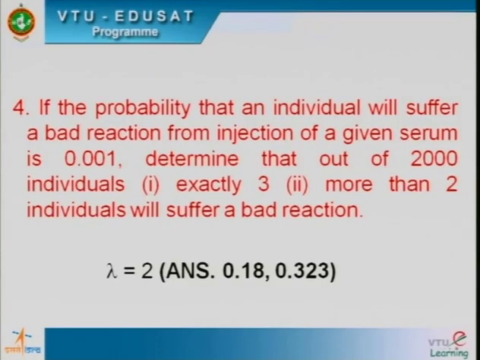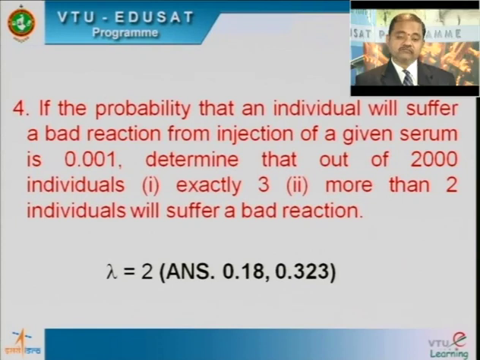Like that, we can see so many examples. If the probability that an individual will suffer a bad reaction from injection of a given serum is 0.001, out of 2000 individuals, how many?